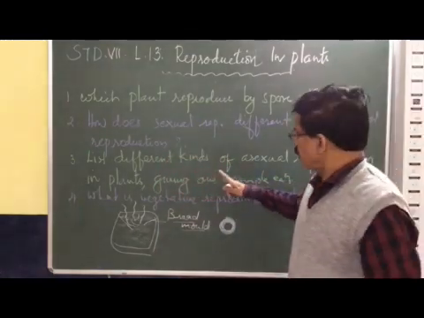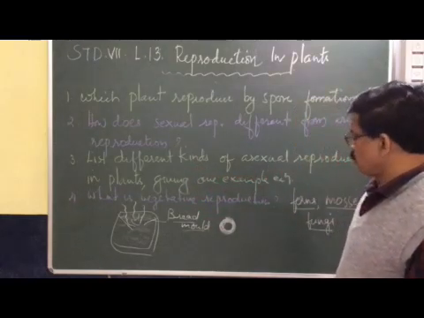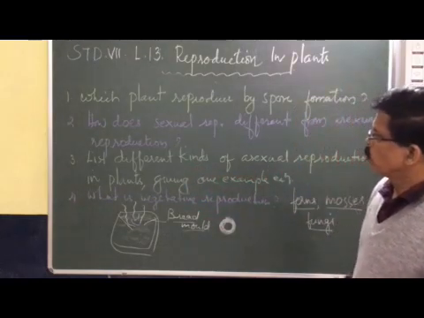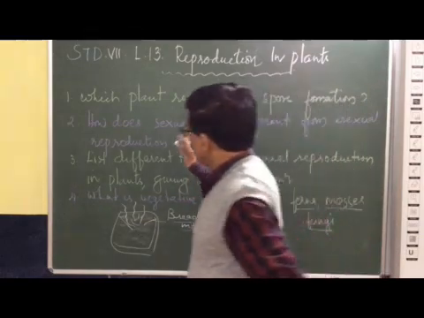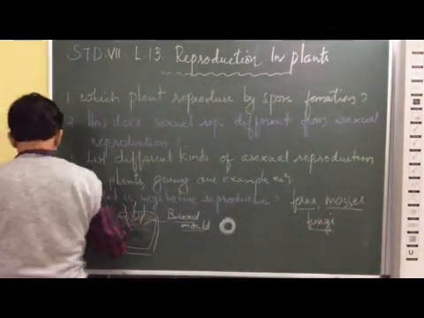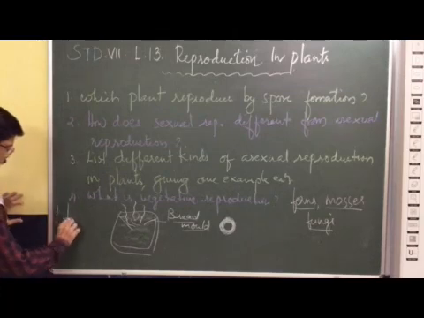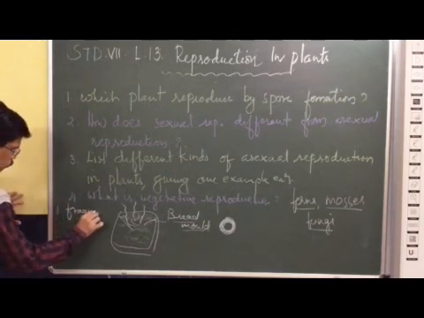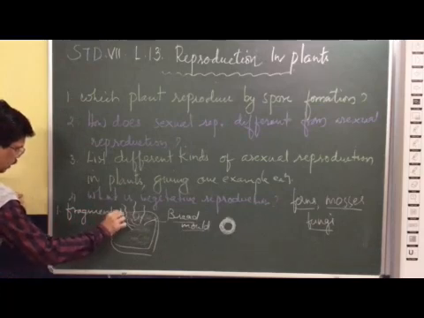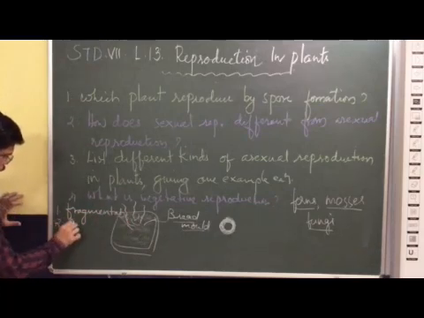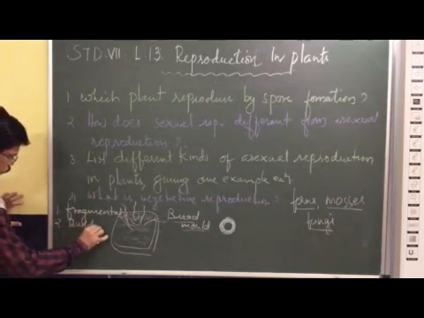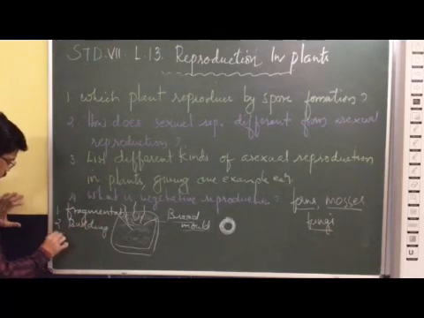Now, list different kinds of asexual reproduction. I have already told you, the common asexual reproduction you can see in plants is fragmentation. The second one is called budding. Third one we can see is spore formation.